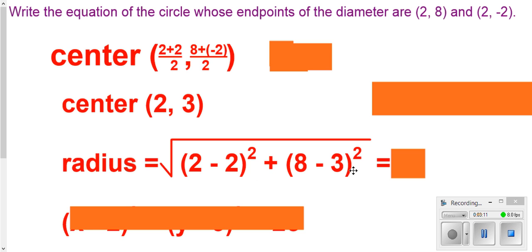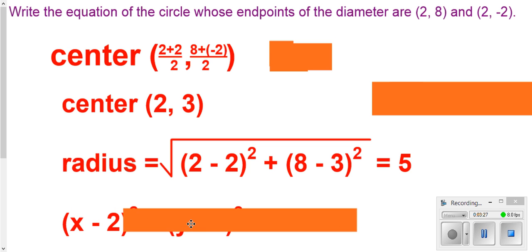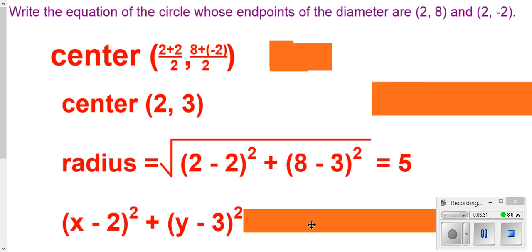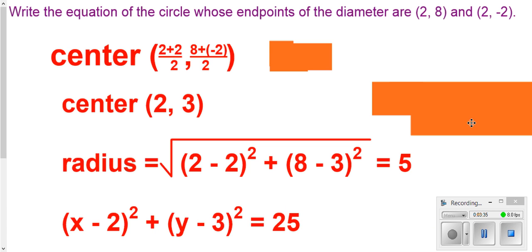So we get 5 squared inside of our root, and take the square root, we get 5. Now that we have our center and we have our radius, we can plug it into our equation for a circle. So go x minus the x coordinate of our center, all squared in parentheses, plus y minus the y coordinate of our center, all squared, equals our radius squared.